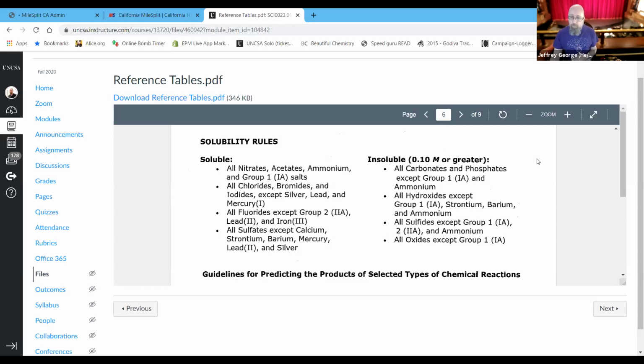Right, so we're going to look up our 4 substances in here. And all we do is we look up the names of the chemicals. Notice this is all names, not formulas. We look up the names of the chemicals, and we have a table that says these are soluble, and we have a table that says these are insoluble. Right, and so my first substance is calcium chloride. Now you may not find every name on there.